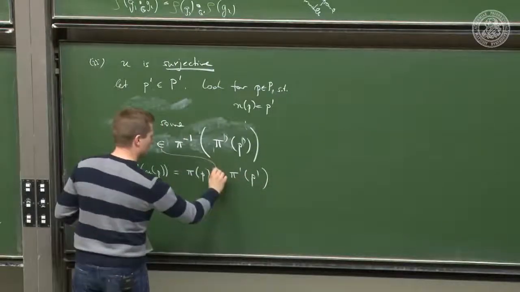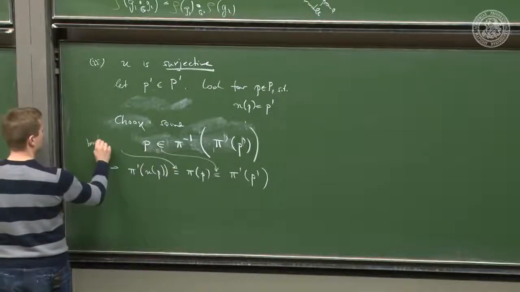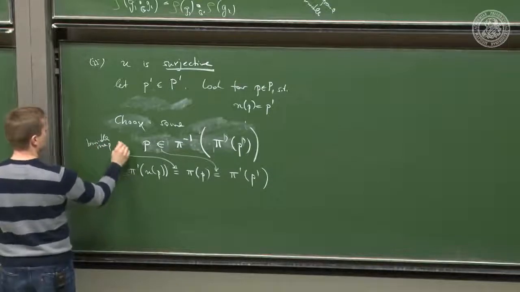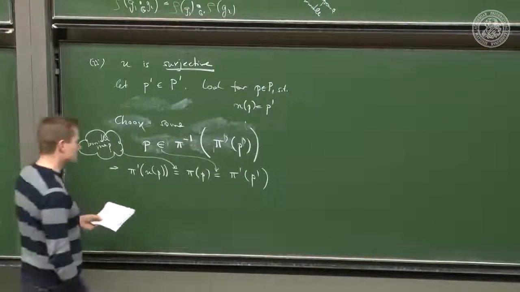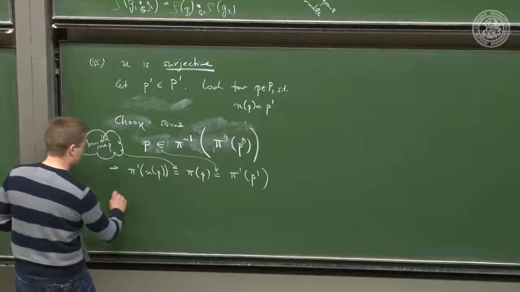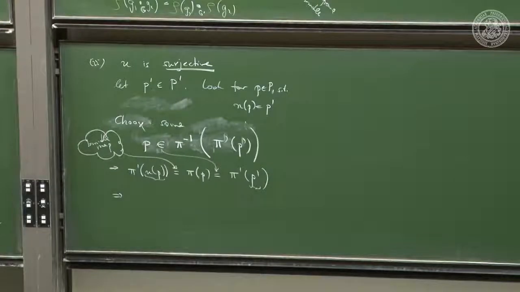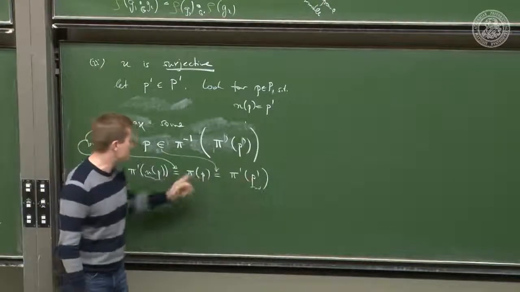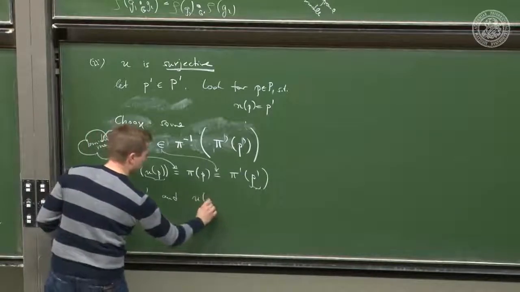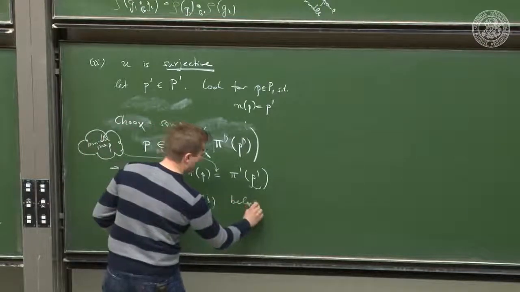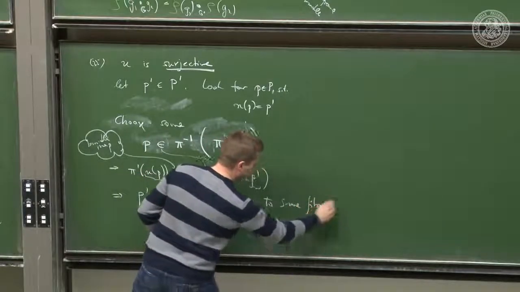So this assumption goes into here, and this here is the bundle map aspect, not the principal bundle map aspect. We only need the bundle map aspect at this point. So this is certainly the case. And therefore, it again follows that this guy and this guy are mapped to the same base point, because the pi prime maps them to the same base point. That means that the p prime and the u of p belong to the same fiber.